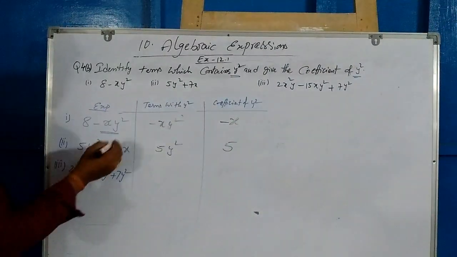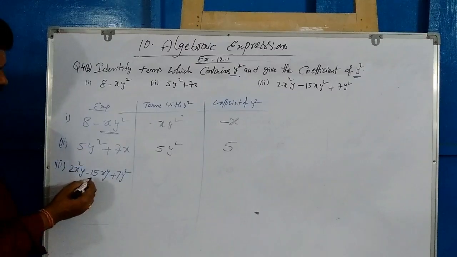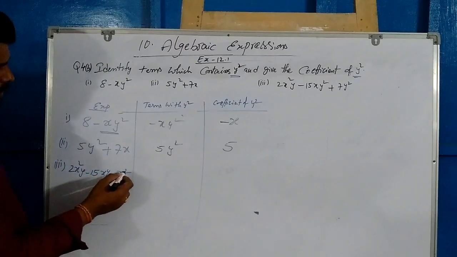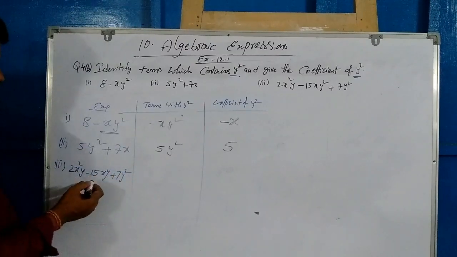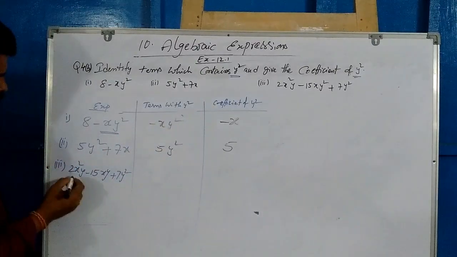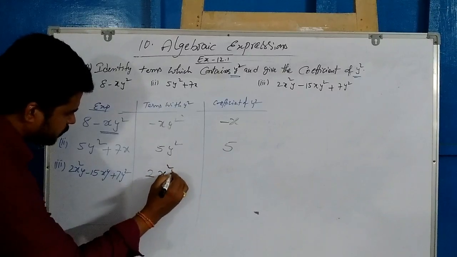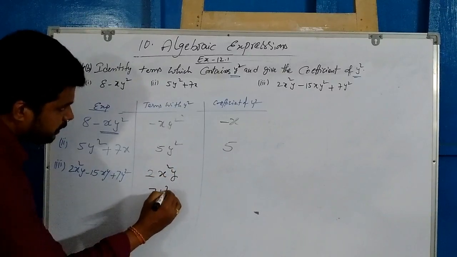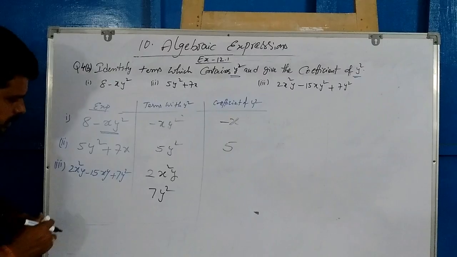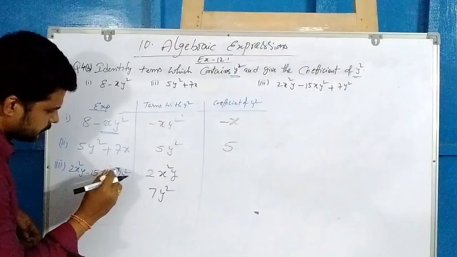So third one, the expression is 2x square y minus 15xy square plus 7y square. Here we have y square terms.